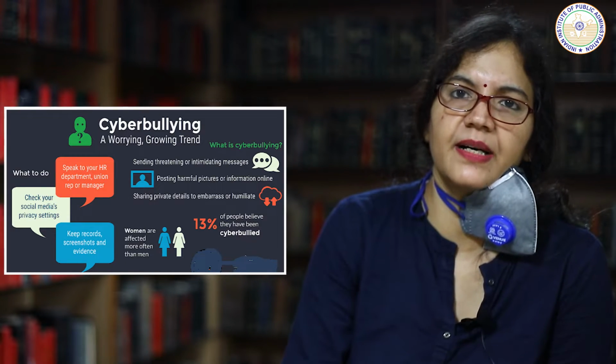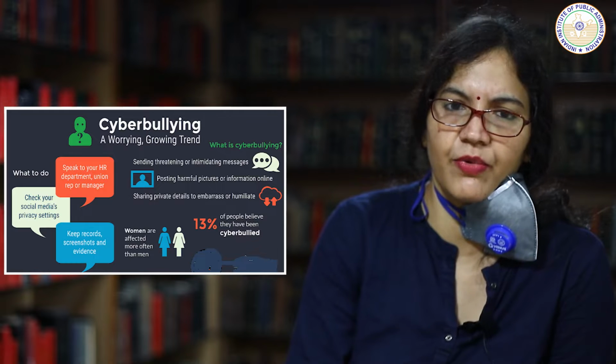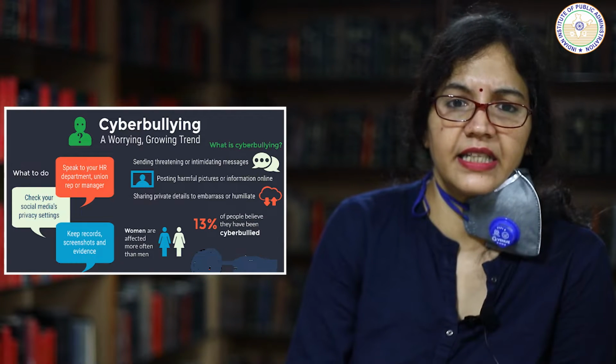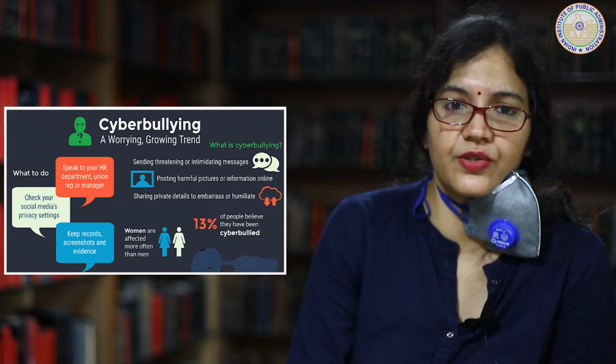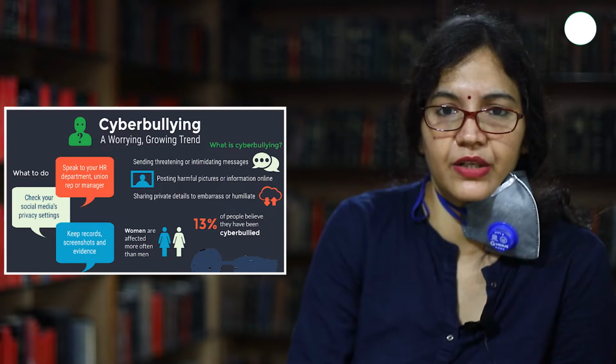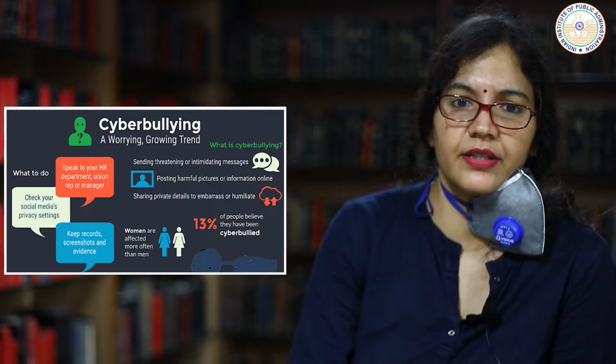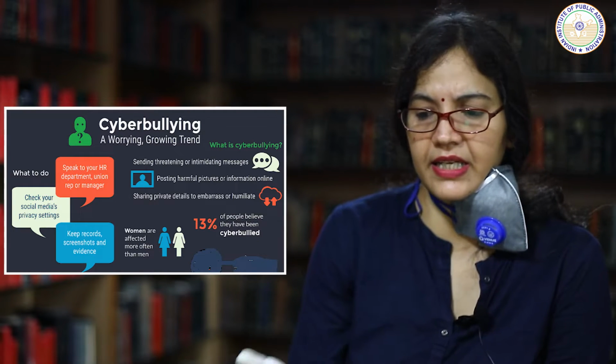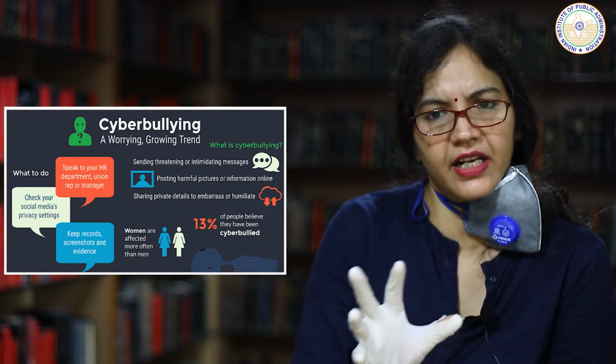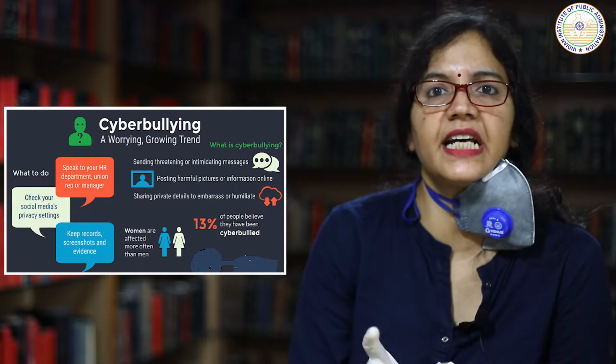Check your social media privacy settings, which is again very important. I keep on emphasizing it. And keep records, screenshots and evidence also. If something happens related to cyberbullying, that becomes evidence. If there are kids, you have to be very careful about their screen time also.